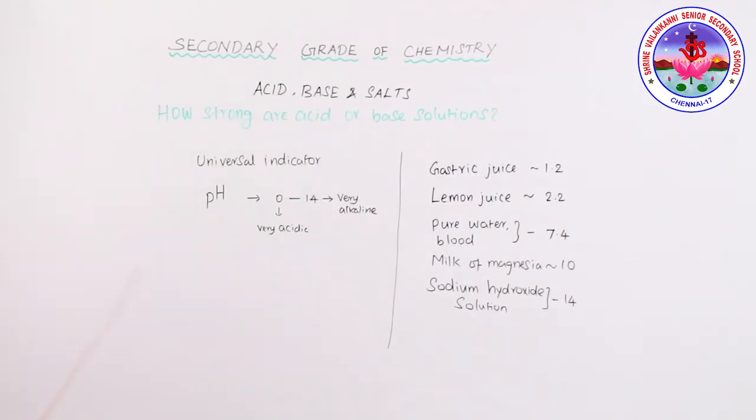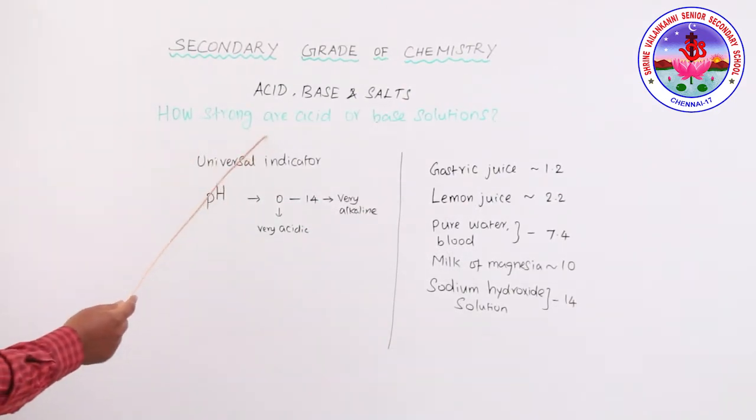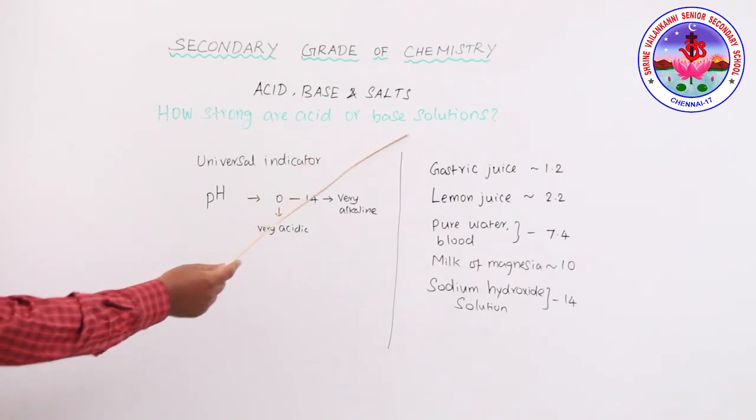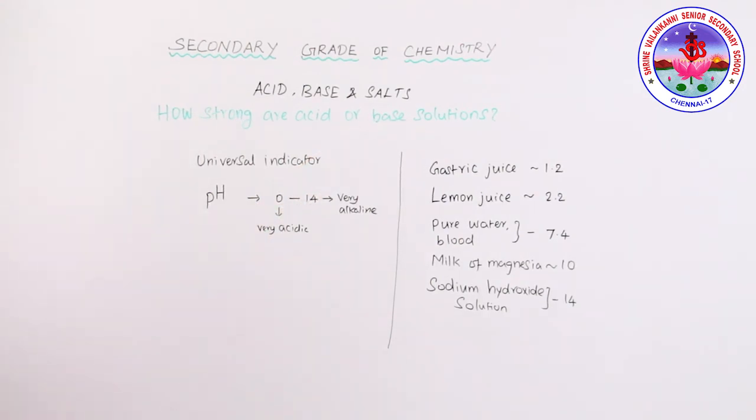Now next is how strong an acid or base solution is. We know how an acid-base indicator can be used to distinguish between acid and base. We have already seen dilution and the decrease of the concentration of H+ ions and OH- ions in the solution.